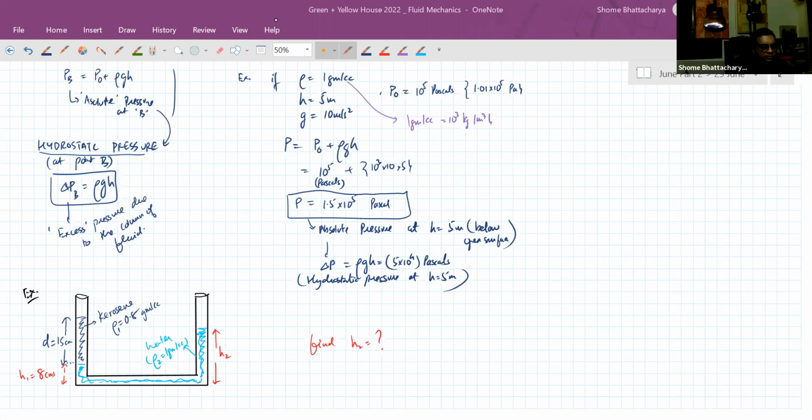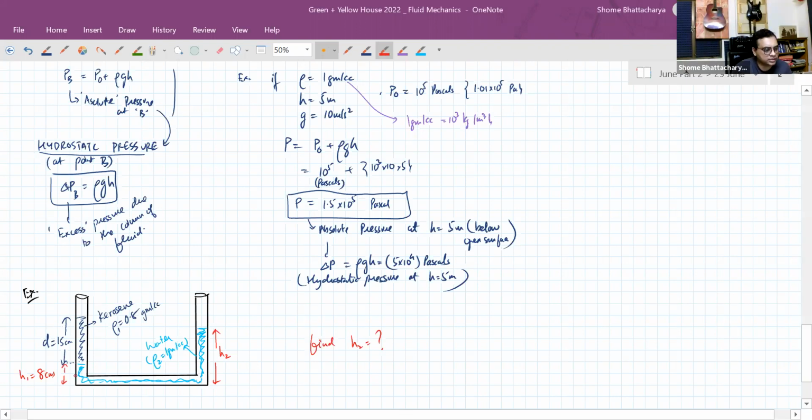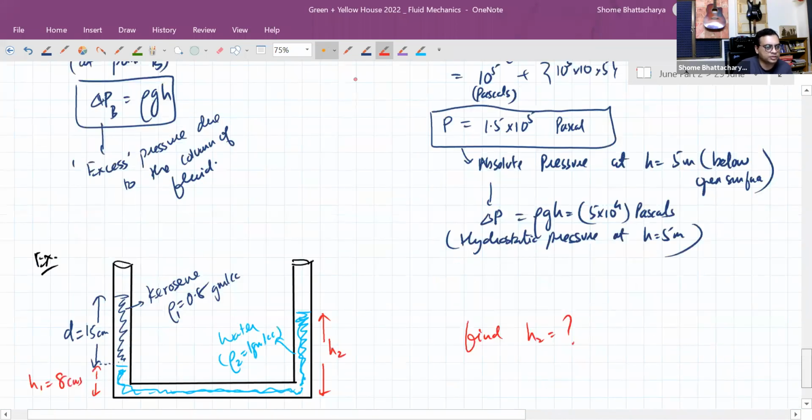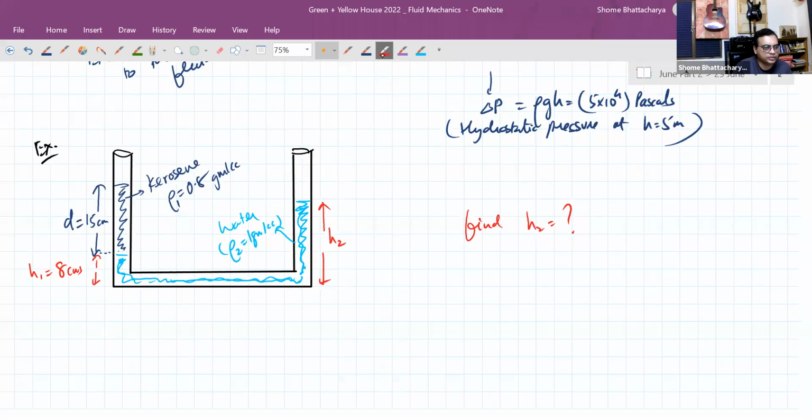So let's check out the answers, people. So one simple thing we can do is apply the concept that 2 points at the same horizontal level within the same liquid should have the same pressure. So if we consider a point here and a point here, they should have the same pressure.